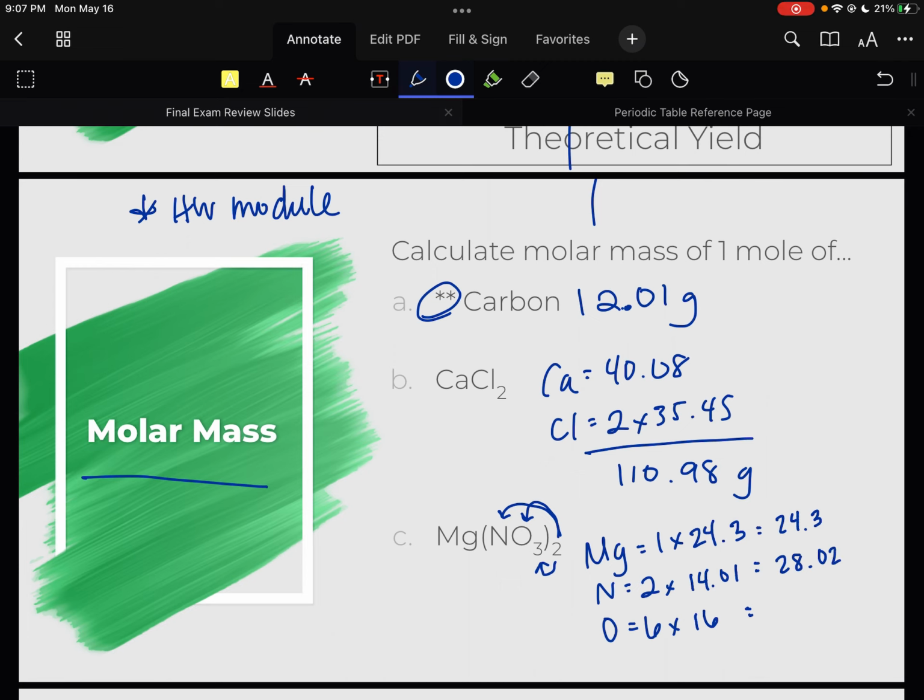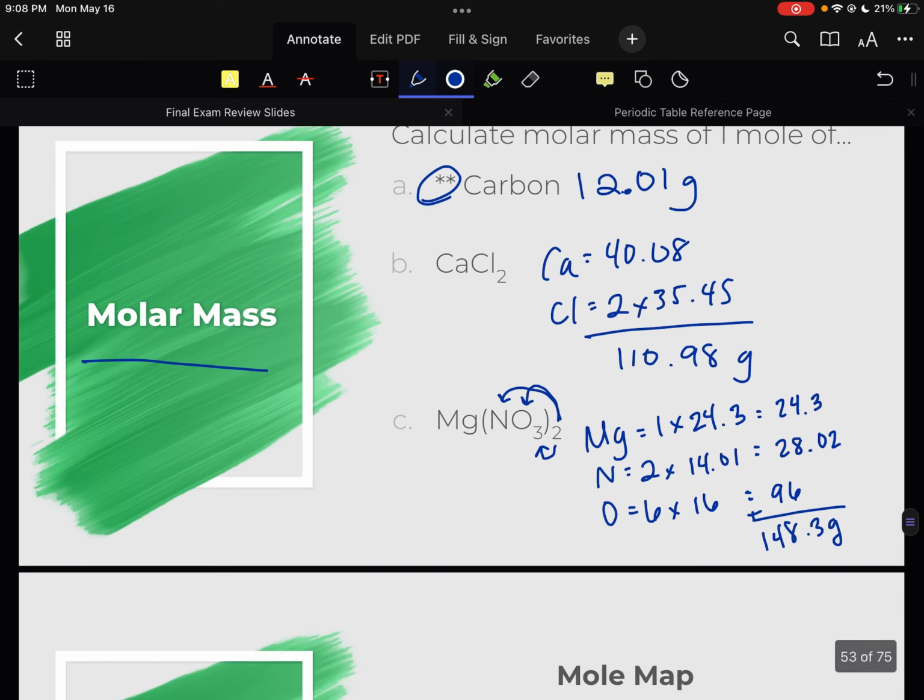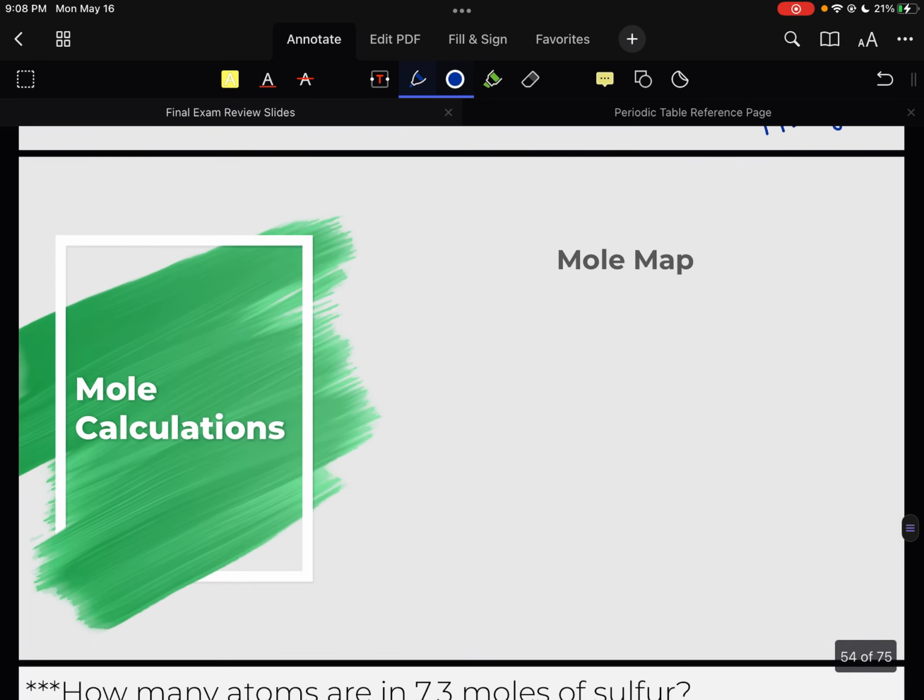Nitrogen becomes 28.02, and then oxygen becomes 96. So now when I add everything up together, you get 148.3 grams.